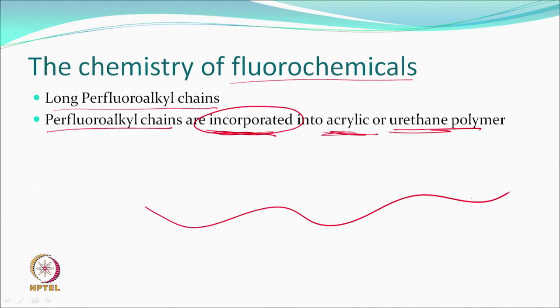On the backbone, you have long fluoro or perfluoroalkyl chains. Obviously, they may not be as long as the backbone, but they may be C8, C7 type of compounds, which may be protruding from the main chain. Now, long chain obviously means you want wash fastness and so on and so forth also, right, and that is how you may like to work around.